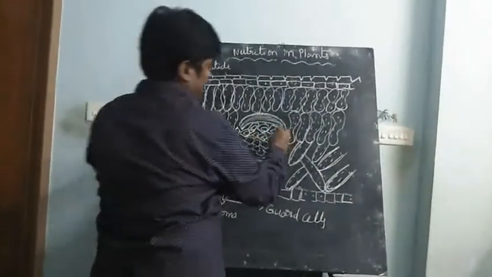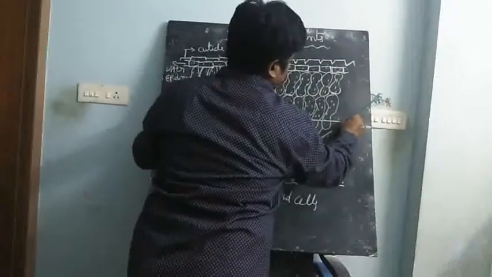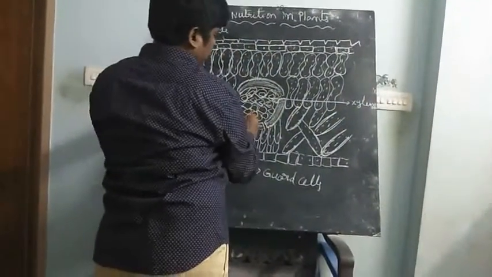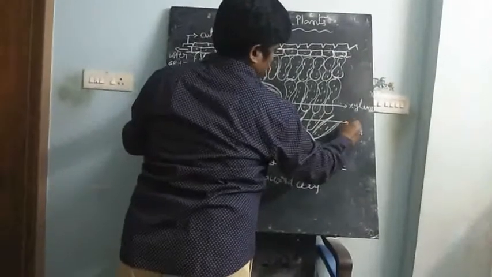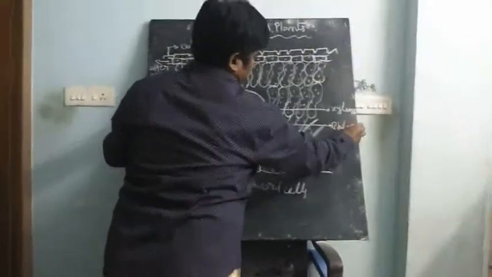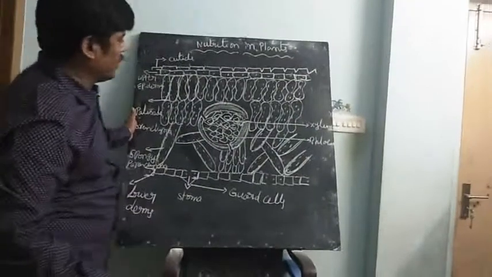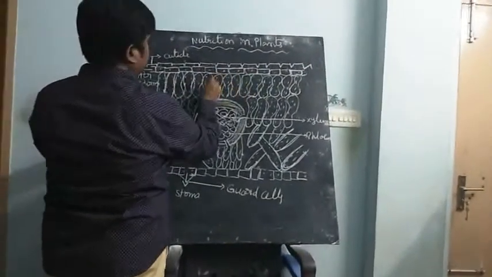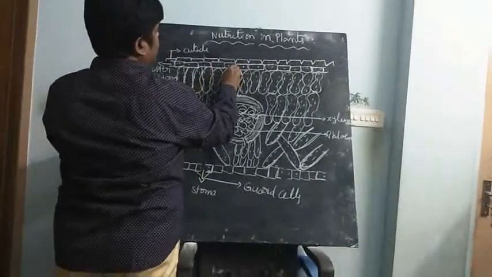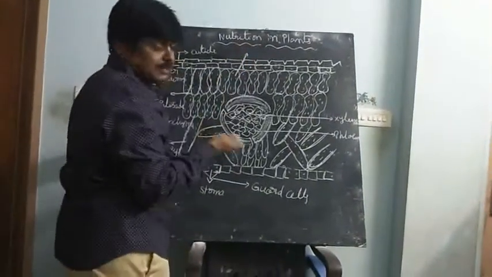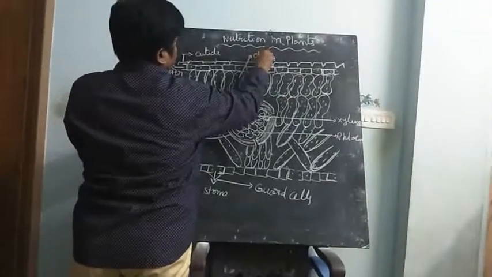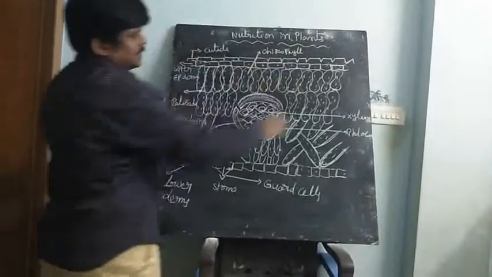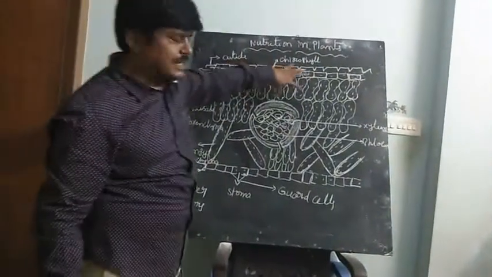here the upper portion is xylem. The lower portion is phloem. Okay, phloem. Here in all of this, many parenchyma cells are present. Generally chloroplast is present, and chlorophyll cells too. Chlorophyll is a green color pigment present inside.